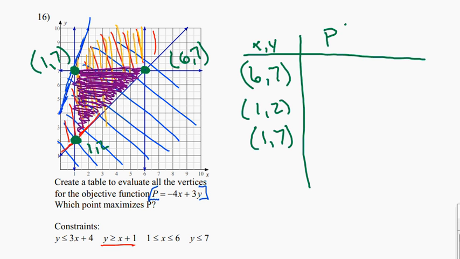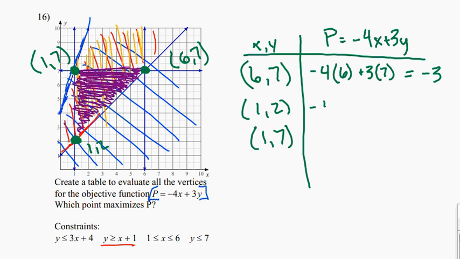So now we're going to plug each point into the objective function and see which one gives us the biggest value. So we're going to have negative 4 times x, which is 6, plus 3 times 7, and that equals negative 3. That's not great. That's profit.